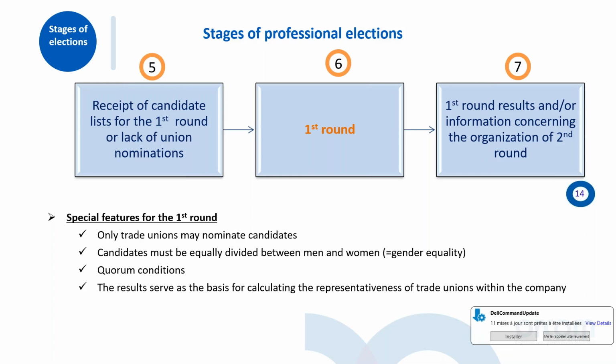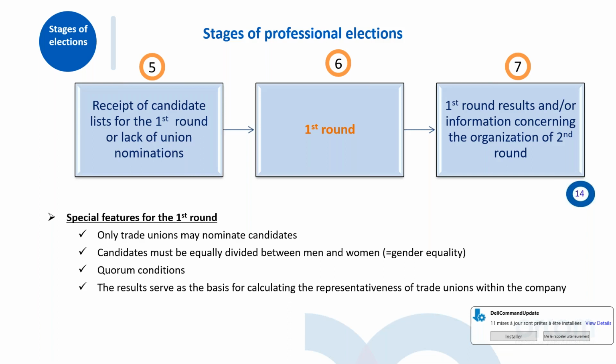The quorum is reached if the number of voters is at least equal to half of the electors registered on the electoral list, which means if you have, for instance, 30 employee electors, your quorum will be 15 employee voters. Once this first round is done, you'll need to inform of the results and give information concerning the organization of the second round.